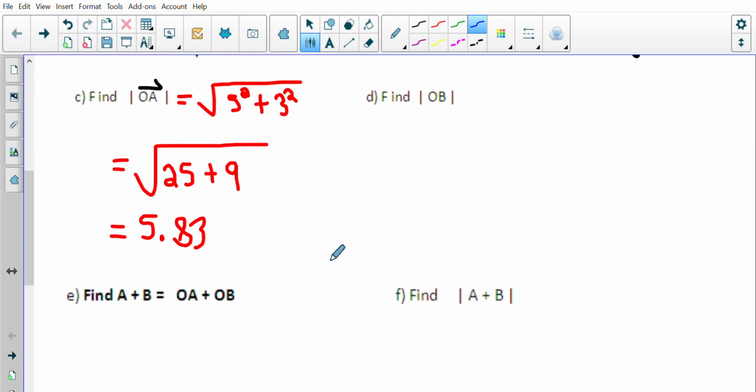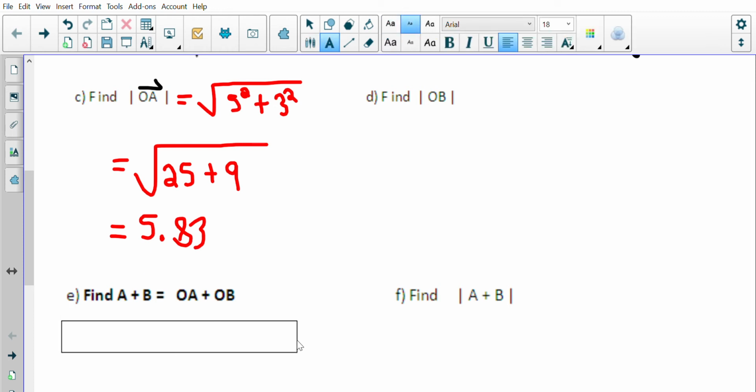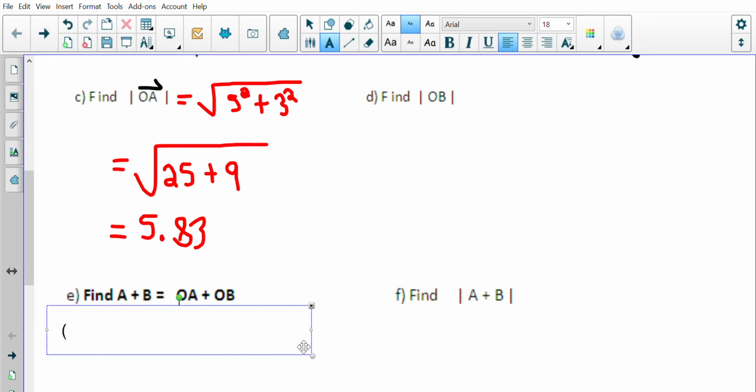So if I have A, which was 5i plus 3j, I'm going to put that in there. Now I'm going to add B to it, and the B vector was negative 4i plus 2j.